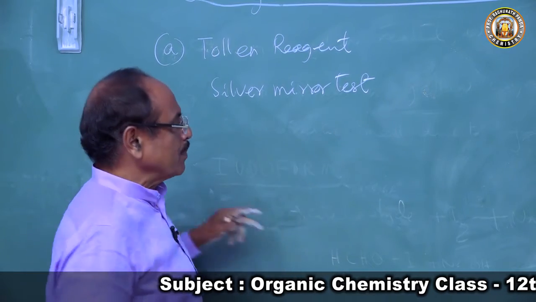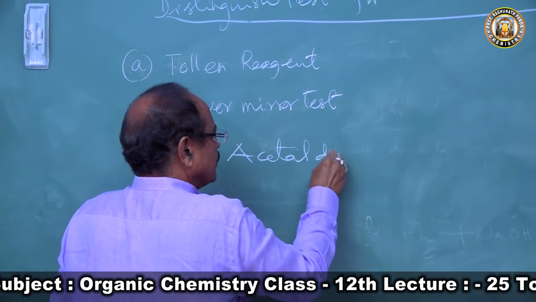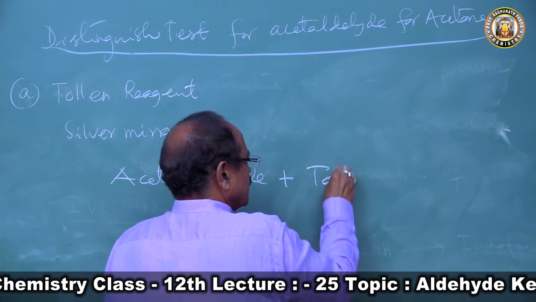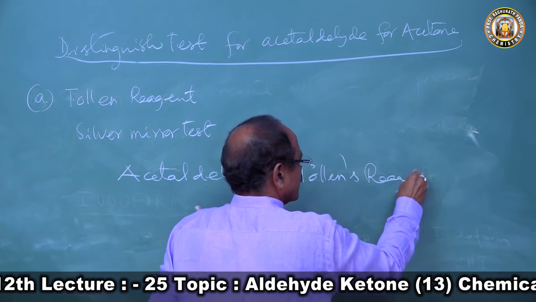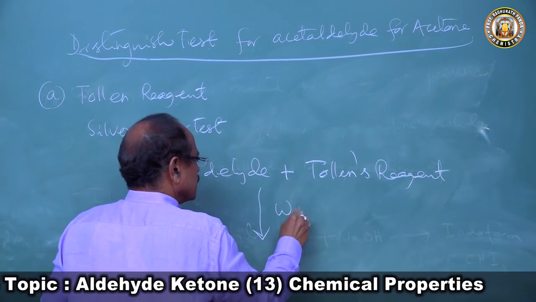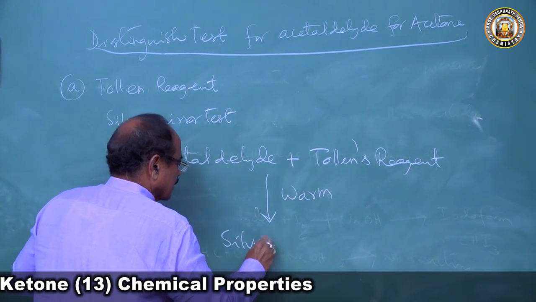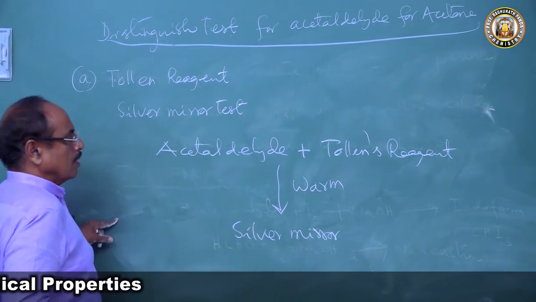If you take acetaldehyde and add Tollens reagent, which is ammoniacal silver nitrate solution, and warm it, then we get a silver mirror due to formation of metallic silver.